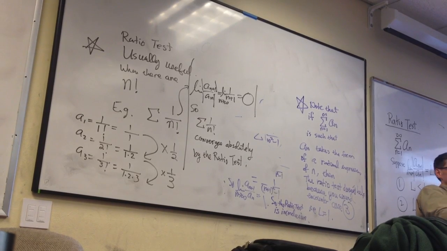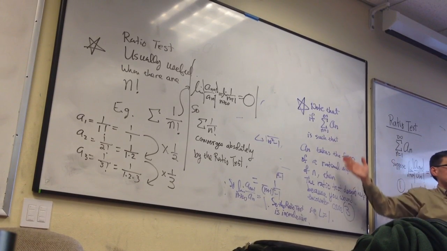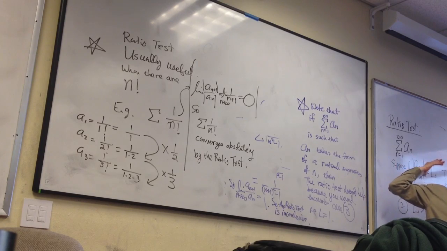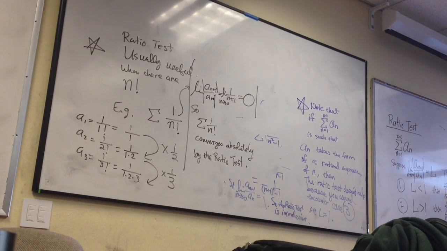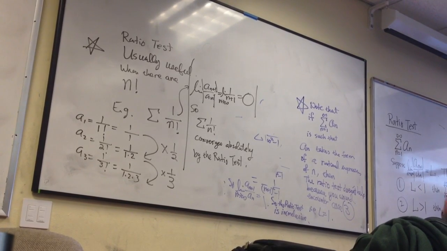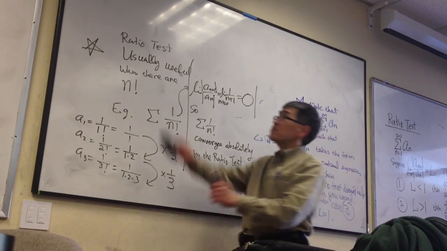But the bad news here is that there's a wide class of commonly encountered series for which this is always inconclusive. But if you see n factorial, usually you might want to try the ratio test. Not always, but you can consider trying.